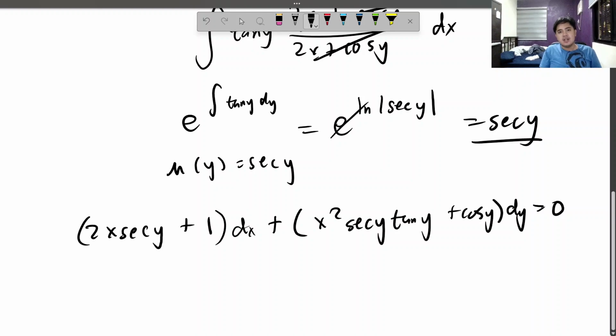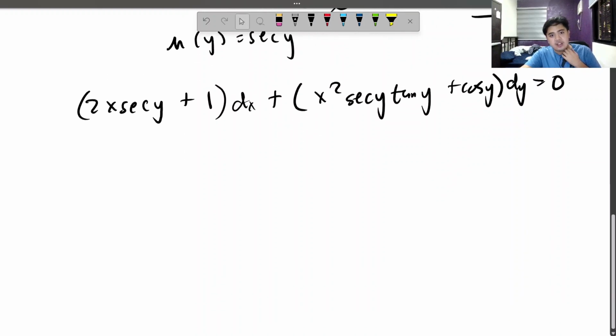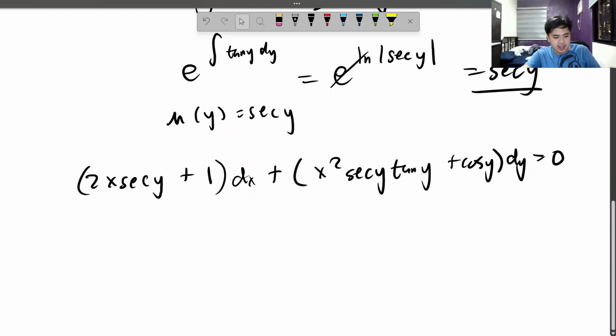Now, from here, we are guaranteed, if we did all the steps correctly, that this is an exact DE. So do we need to check? You can, but I'm not going to check anymore since I already know that this is exact. But you can still check.